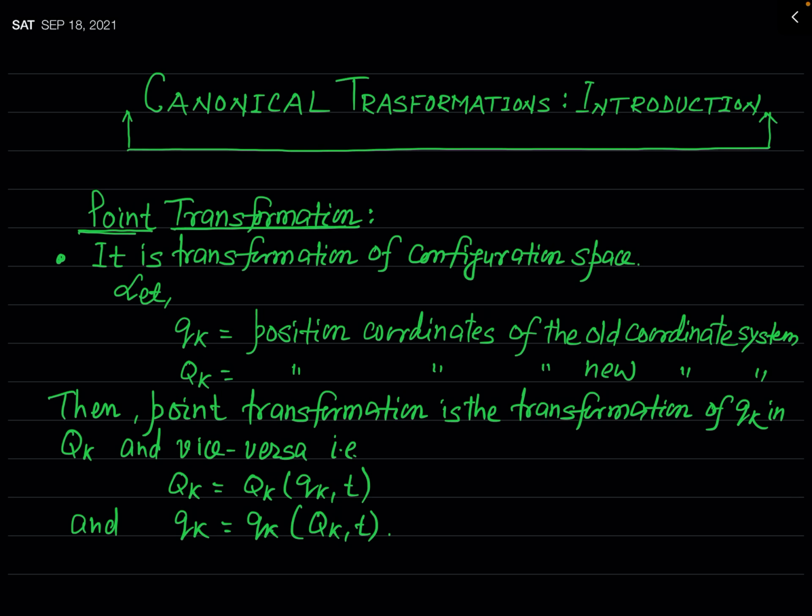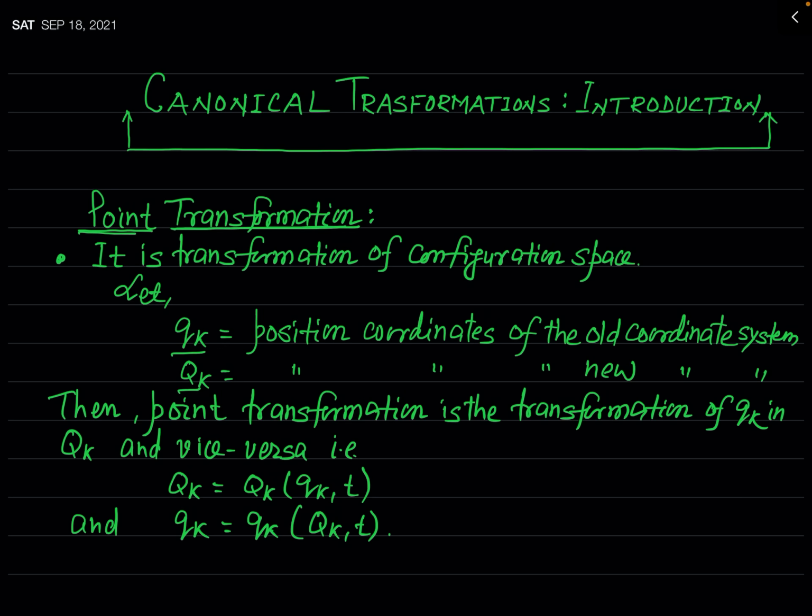So, if there is a transformation of position coordinates from one coordinate system to another, then that is called a point transformation. Consider that small q_k are the position coordinates of the old coordinate system, and capital Q_k are the position coordinates in the new coordinate system.